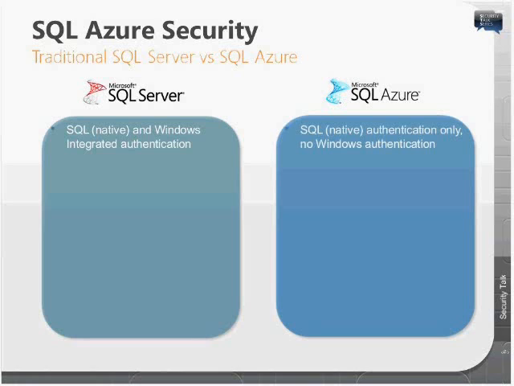But the security model for SQL Azure and SQL Server are slightly different. In SQL Server, you have SQL, or what's called native authentication, and Windows integrated authentication. Windows Integrated Authentication is designed to enable client applications to automatically do single sign-on to databases, and so you can more easily control identities in the database. In the cloud, your clients are typically not going to be accessing the database directly.